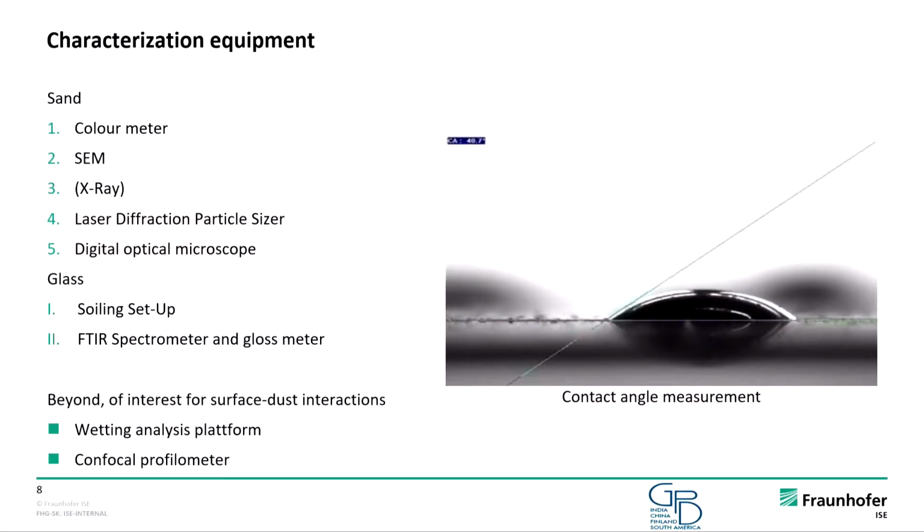This is a really important fact I need to point out for the post-processing analysis, which we do with the following equipment: the color meter, SEM. I'm just time-wise not explaining the X-ray, but it's possible and done, as well as particle size analysis and microscopy. Just shortly, the soiling setup I developed is also a kind of characterization method.